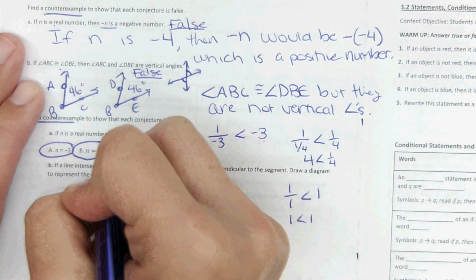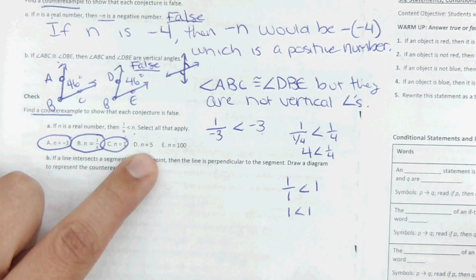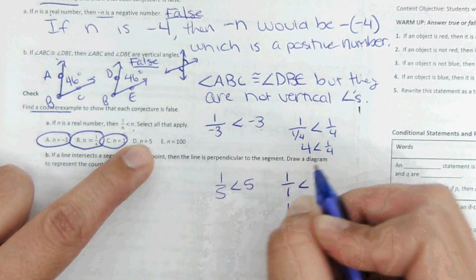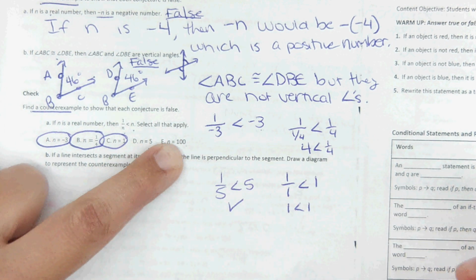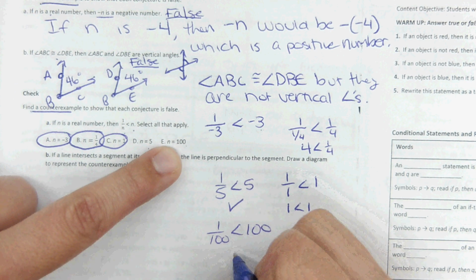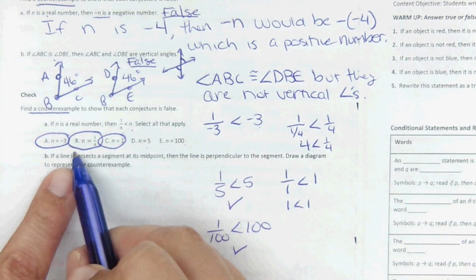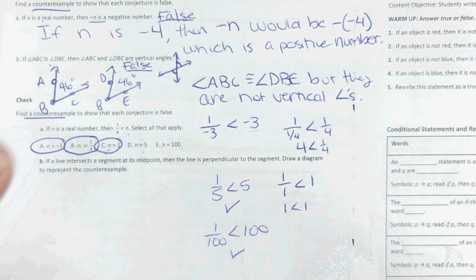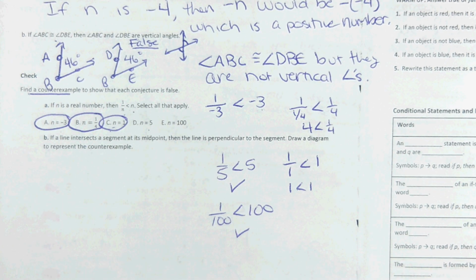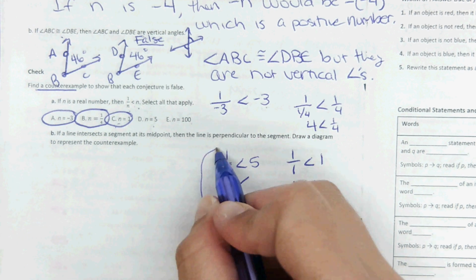No. It would be equal to, so this is a counterexample. D, 1 over 5, would that be less than 5? Yes, that works. And then for 100, 1 over 100, is that less than 100? Yes. So it just wanted the ones that prove this false, so those are our answers.